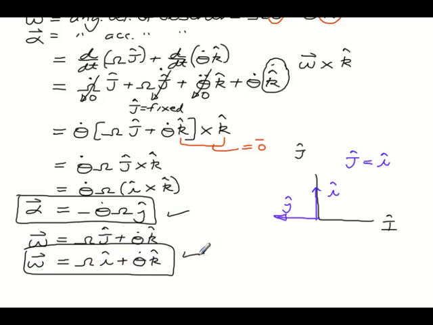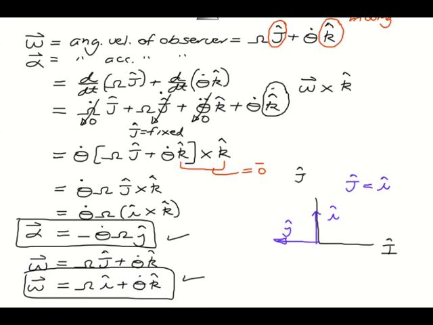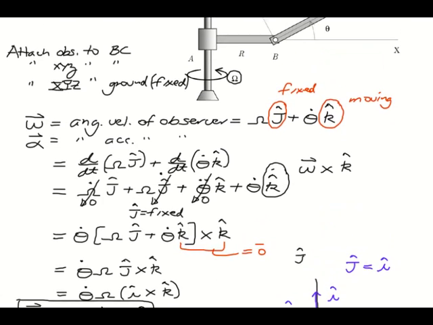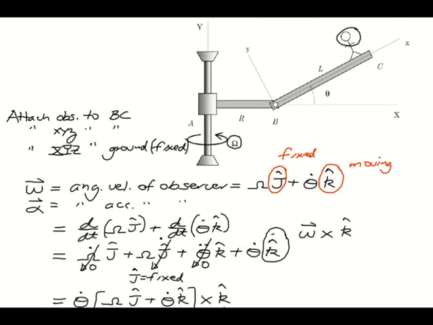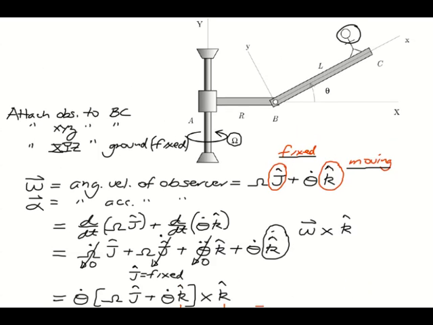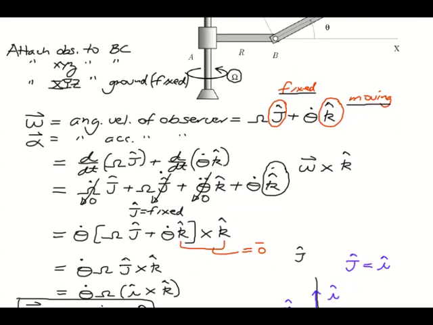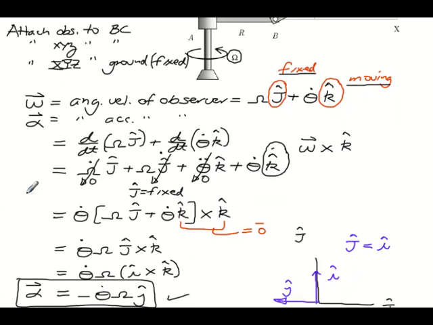I think the key part of this question, as well as many of the questions we're going to be doing, is writing down first the angular velocity, recognizing which components are fixed and which ones aren't. In this case, we had a rotation about a fixed axis, the big J, and a second component, theta dot, about small k. The key here is that small k moves, big J does not. So once you write down omega, then just simply do differentiation.